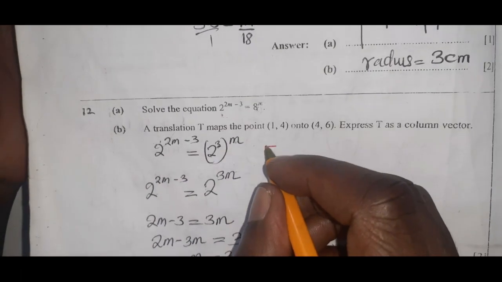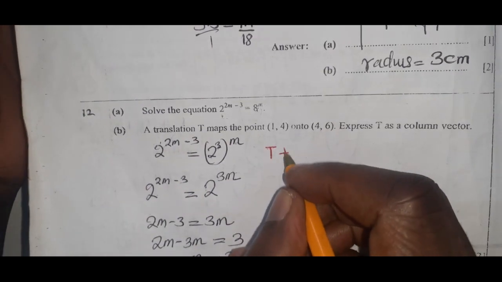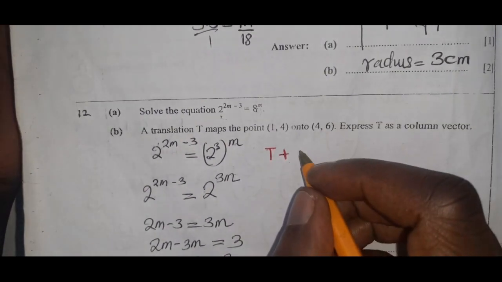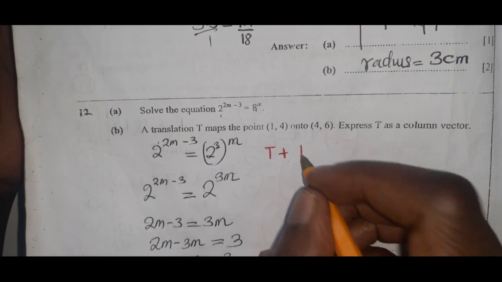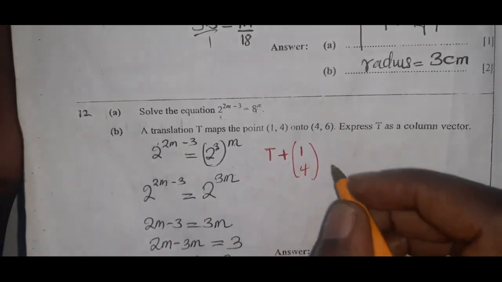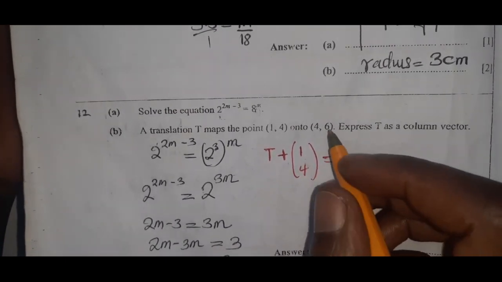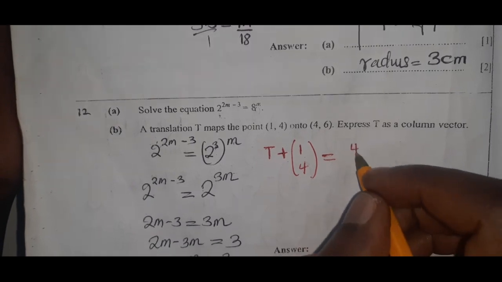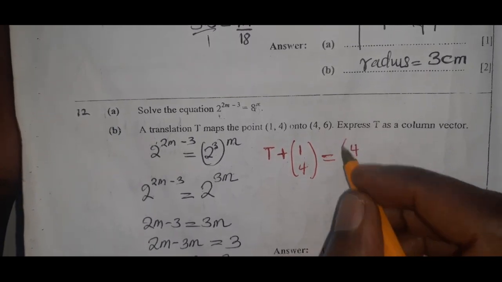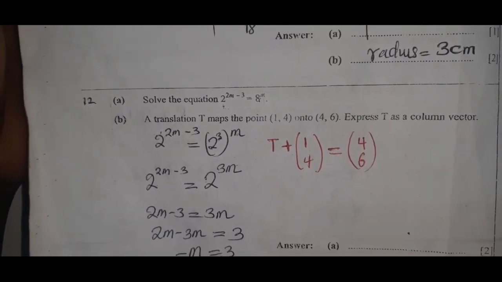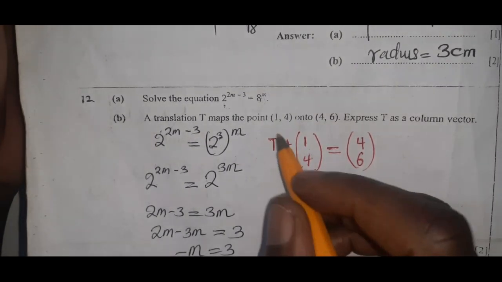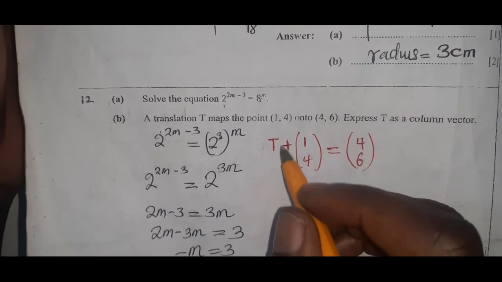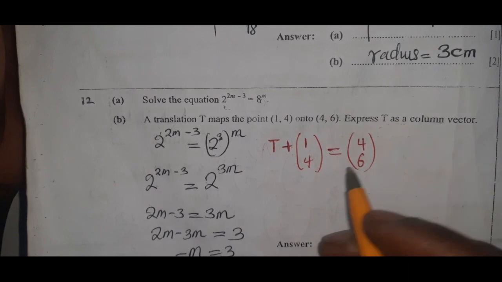So we say T plus 4, 6. Okay, so what is this? Express T as a vector column.